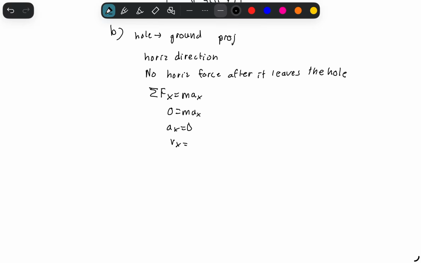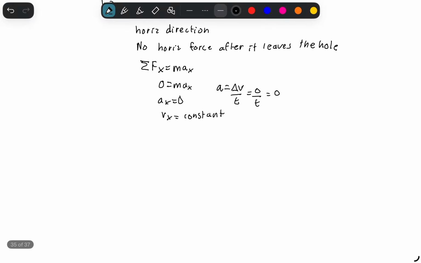Therefore, Vx is going to be constant because acceleration is change in v over t, so that means you had 0 over t, which makes your ax equal to 0.